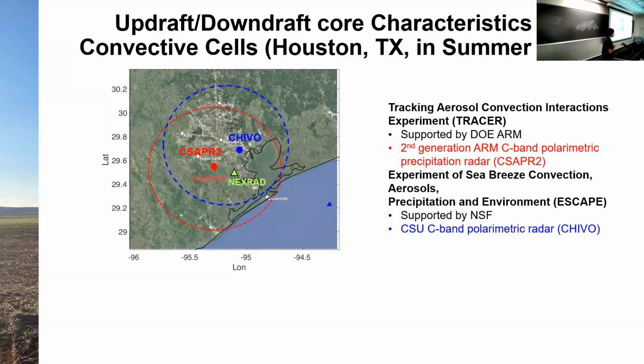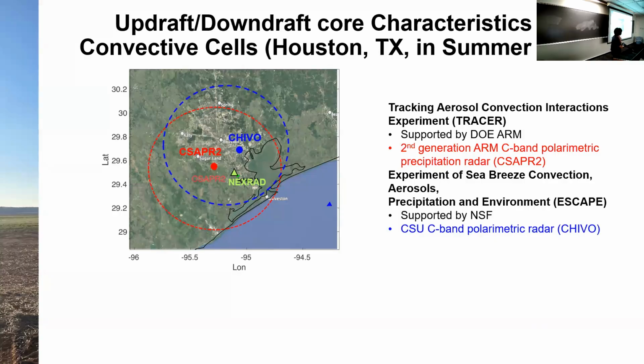We collected a very good data set in Houston, led by Pavlos. The data was collected during two field campaigns, the TRACER field campaign, supported by DOE, and also the ESCAPE field campaign supported by NSF. This is led by Pavlos.